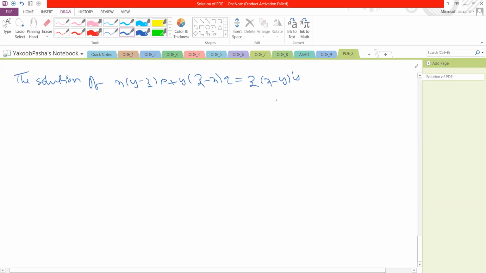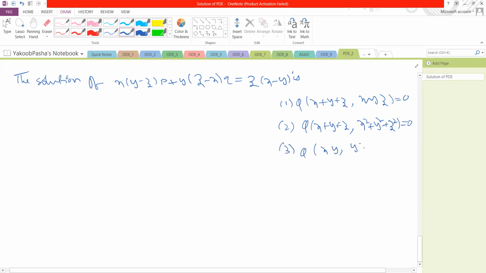So first option, phi of x plus y plus z comma x y z is equal to 0. Second option, phi of x plus y plus z comma x square plus y square plus z square is equal to 0. Third option, phi of xy comma yz is equal to 0. And fourth option, phi of x plus y comma x plus y plus z is equal to 0.